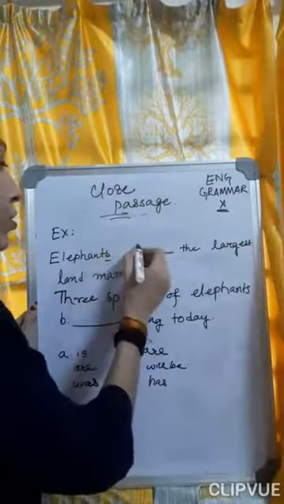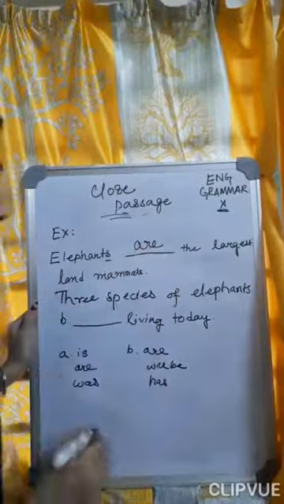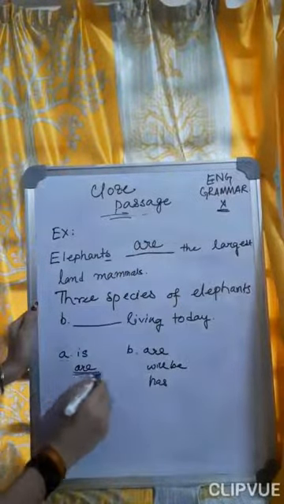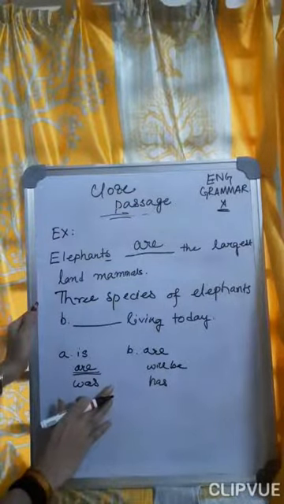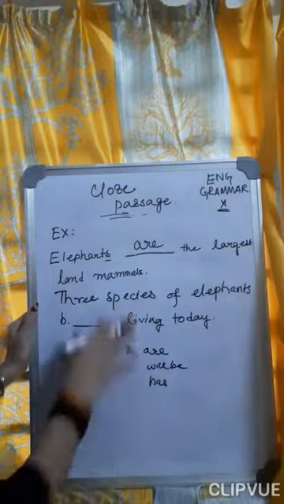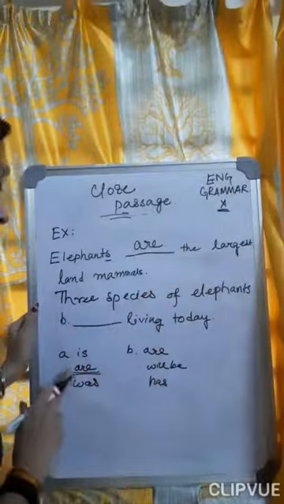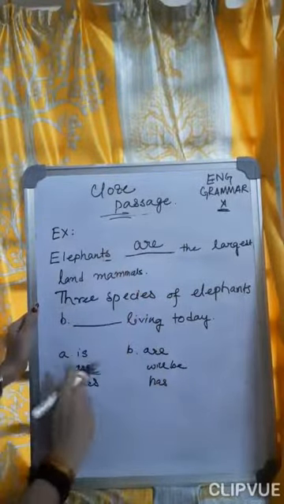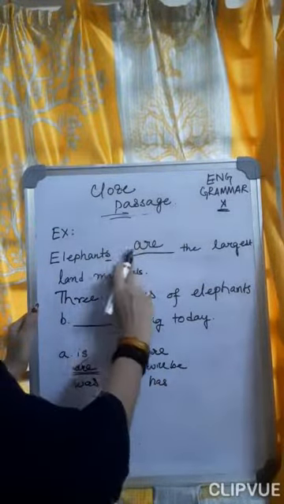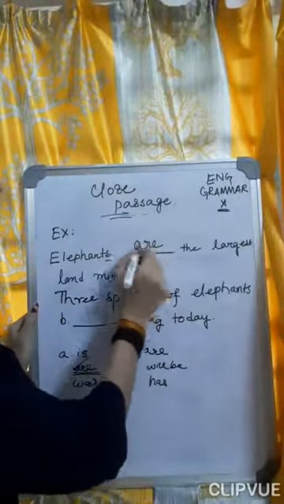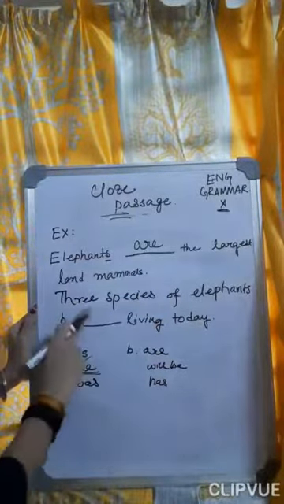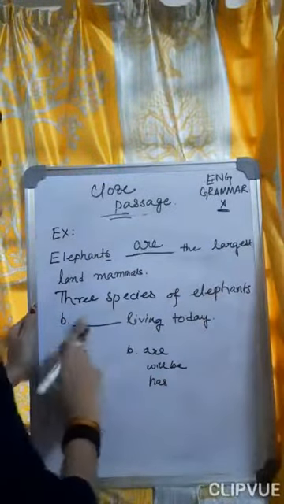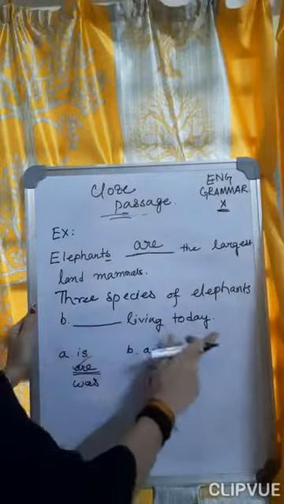So what are we going to write over here? Are. And once we find the correct answer, as I've always told you, no unnecessary steps should be taken to make things complicated. So this option is suitable here. We are just going to write this in your copy with the correct answer and frame this passage. Next is: Three species of elephants dash living today.